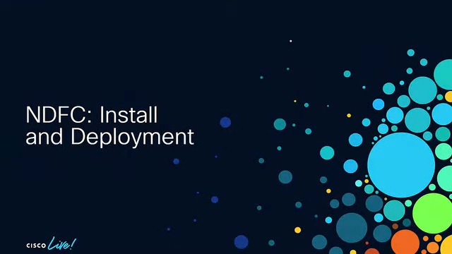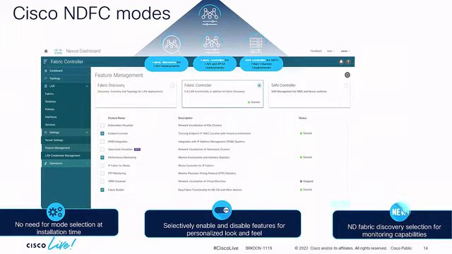All right, so now let's look into different options on how we can install and deploy our NDFC application. Now, one major change is that with NDFC we have introduced a new feature, which is feature management. This allows you a new way to deploy and enable your features.